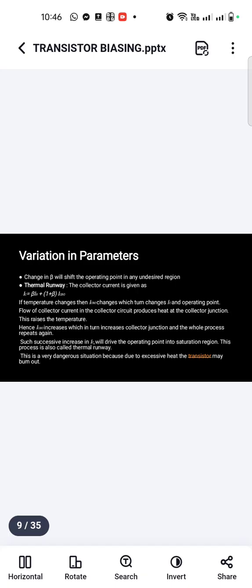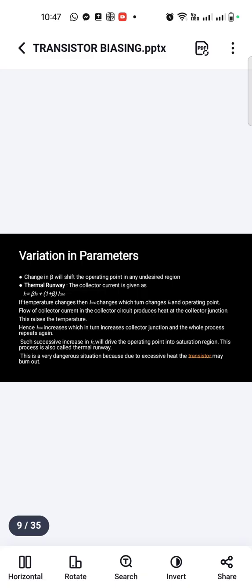What is thermal runaway? Thermal runaway is the condition where a transistor gets overheated due to increasing current, and this keeps repeating, leading to damage. Actually, thermal indicates temperature, and runaway means it keeps escalating. If the temperature increases, what happens?